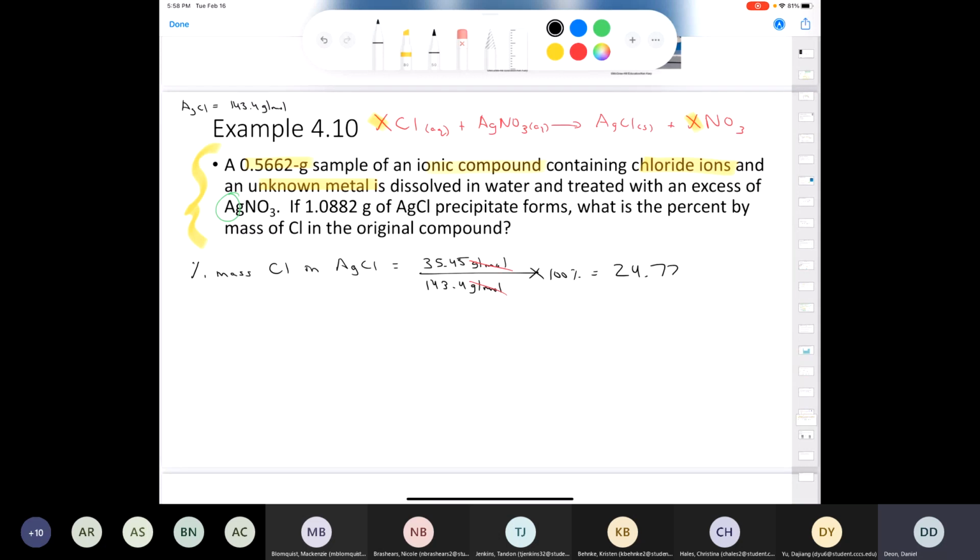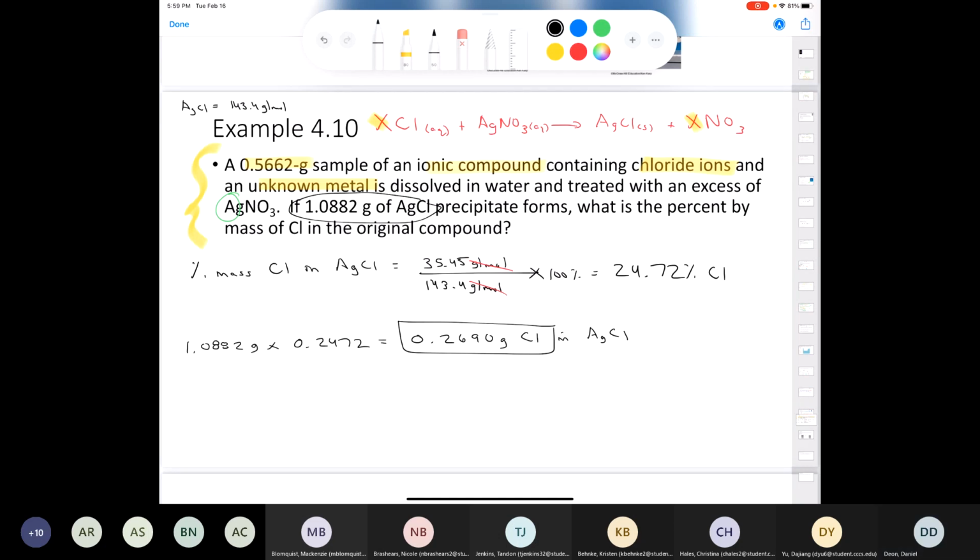So 24.72% chlorine. Well, in my 1.0882 grams, I know that 24.72% of that is chloride. So I can say that 1.0882 grams multiplied by 0.2472, all I did was divide by 100 because it's a percentage, is equal to 0.2690 grams of chlorine in the silver chloride.